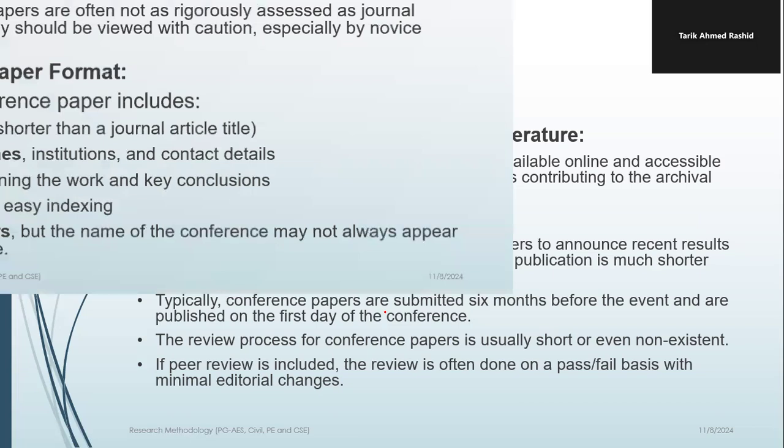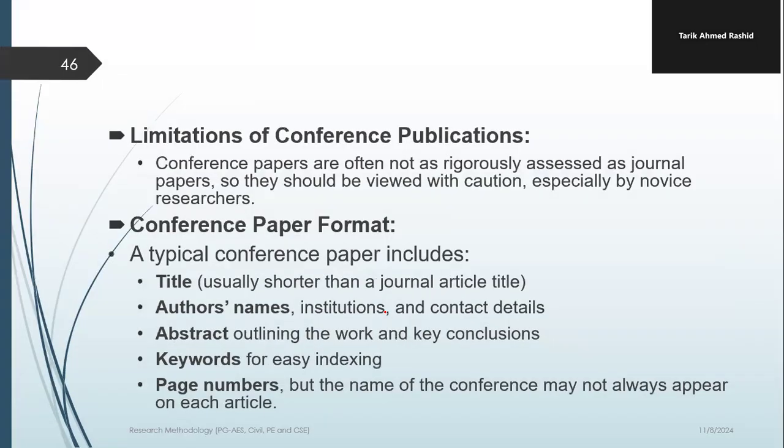Journals take more time. And a limitation of conference publications is that they are often not as rigorously assessed or evaluated as journal papers. The format could be in that way. You can go through it.